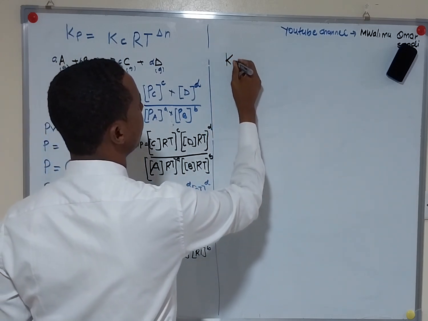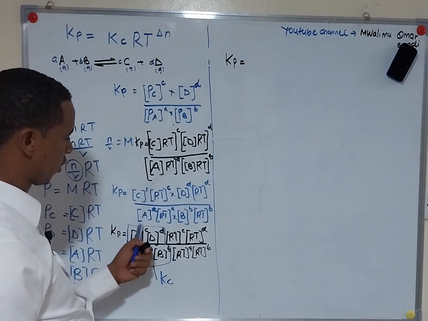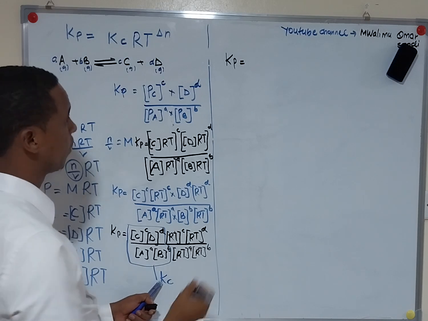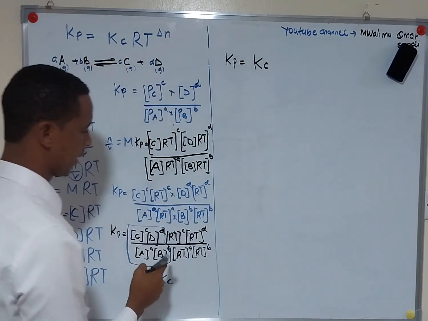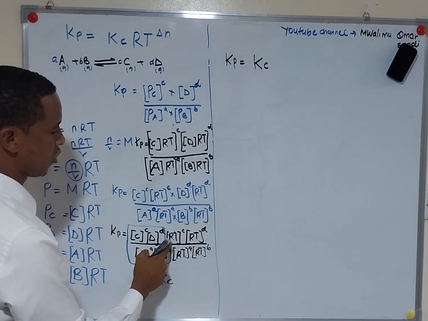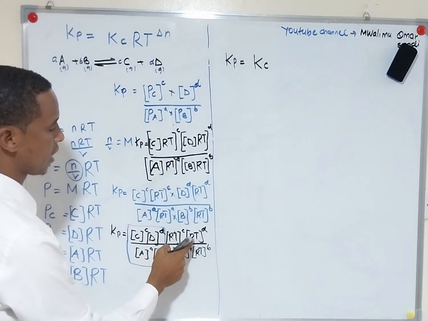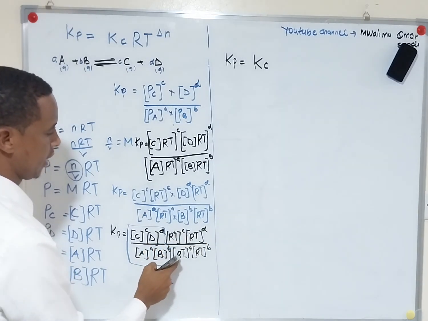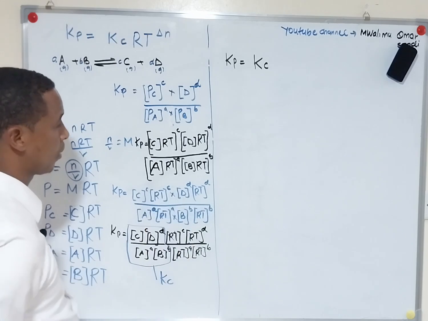Kp is equal to, since we have replaced the whole of this one with Kc, we will have Kc, and then RT power c, RT power d, and then RT power a, RT power b.